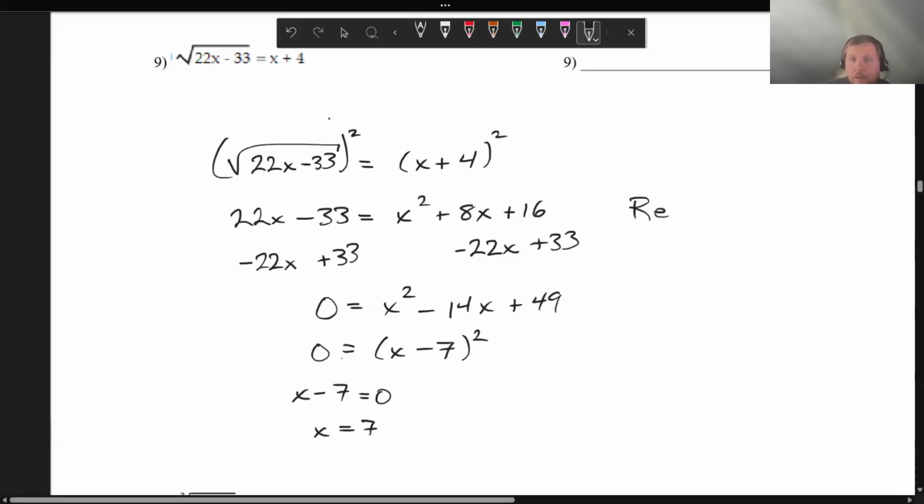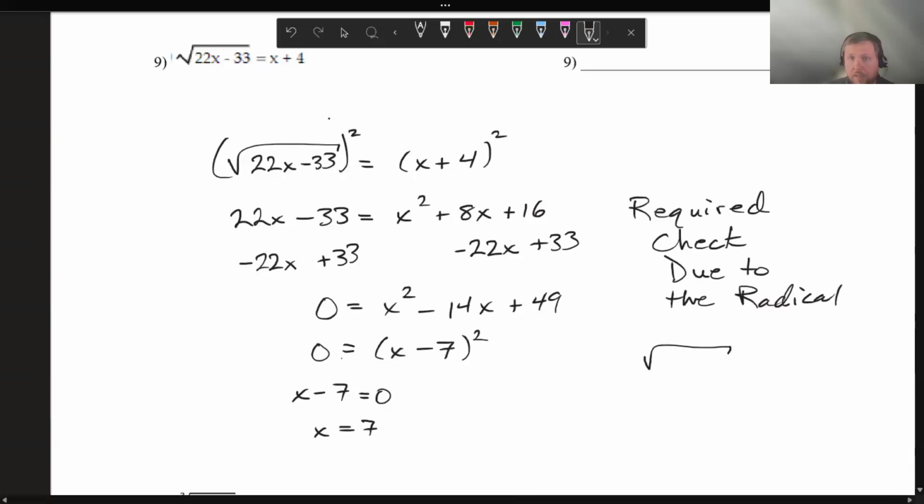Since there was a radical, you have a required check due to the radical. So I'm going to check if the 7 makes sense.